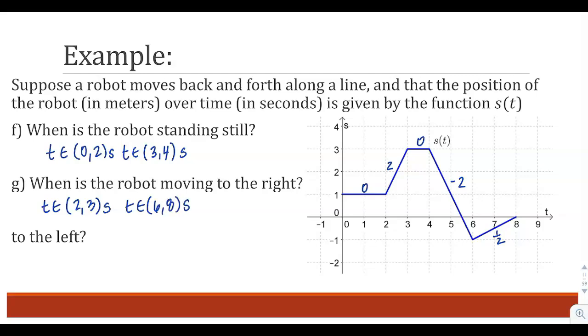And my robot's moving to the left when velocity is negative. So when the slope of the line on the position function is negative, between 4 and 6. So the time interval is between 4 and 6 seconds. Also take a second to notice all of our intervals were open intervals because of those places of non-differentiability. So we don't want to actually include those values.